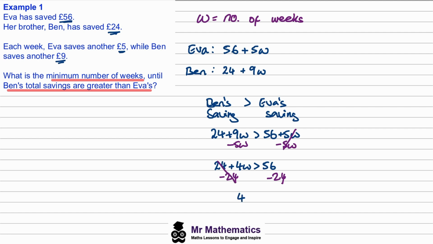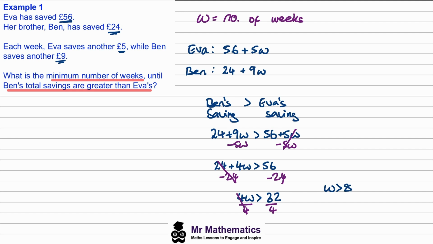So we'll have 4W will be greater than 56 take away the 24, which is 32. Now we can divide both sides by the 4. These two will cancel. So we'll have W is greater than 32 divided by 4, which is 8.